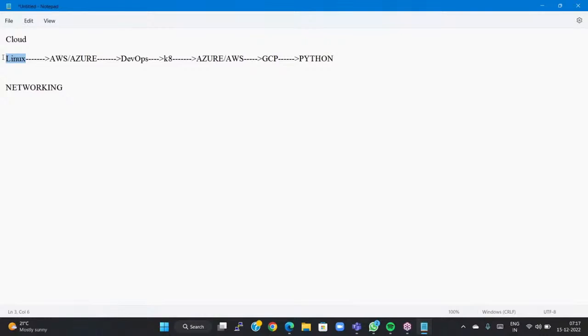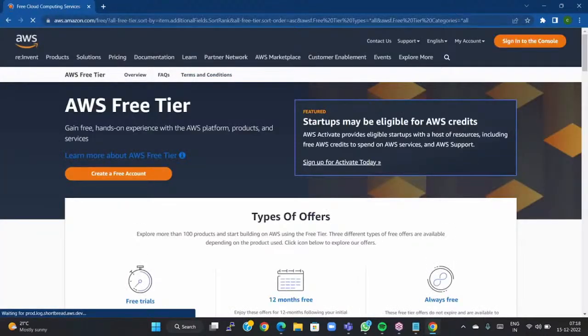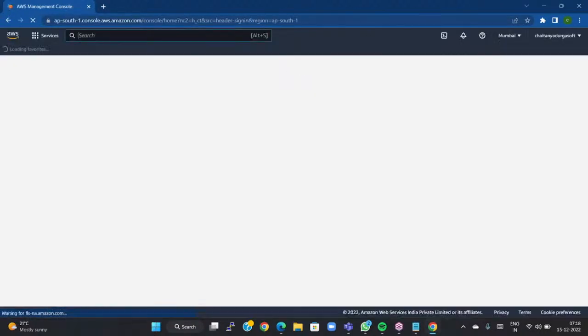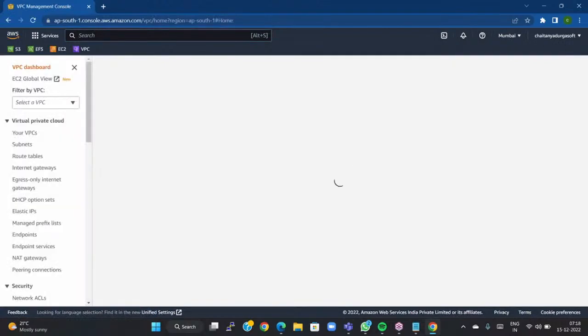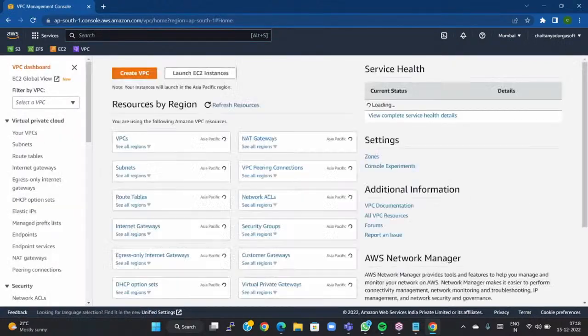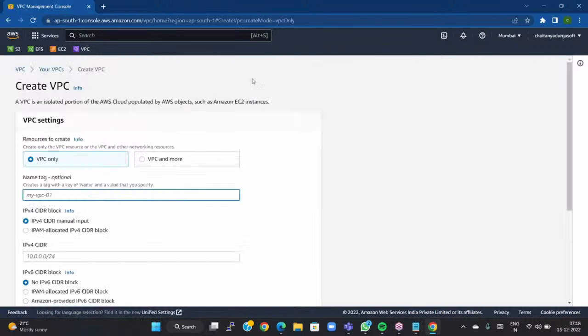And the next one is why we require networking. Whenever I want to deploy a VPC, or if I want to configure any instances, in the sense any EC2 instance or anything, there you need to provide some CIDRs. If I go to VPC and I want to deploy a VPC here, what is meant by VPC? I will try to make you understand this.